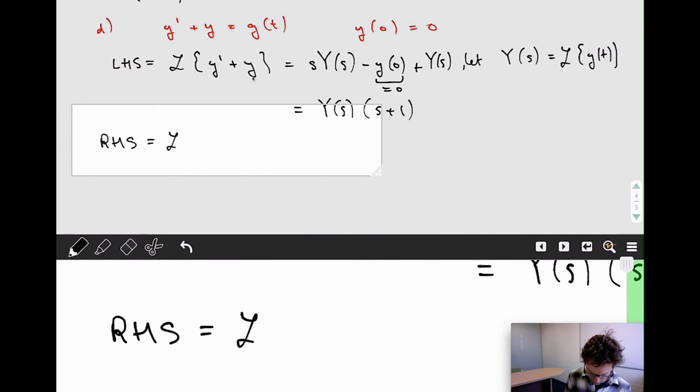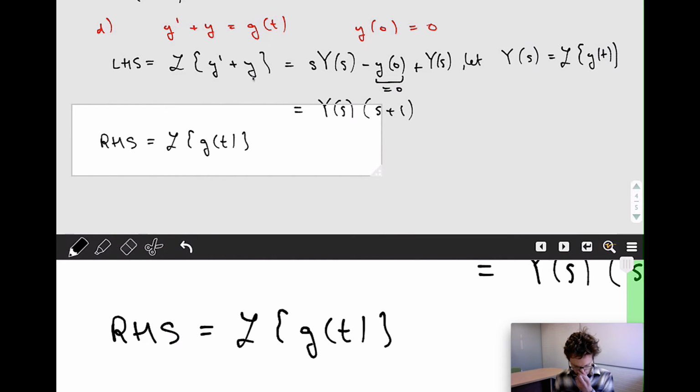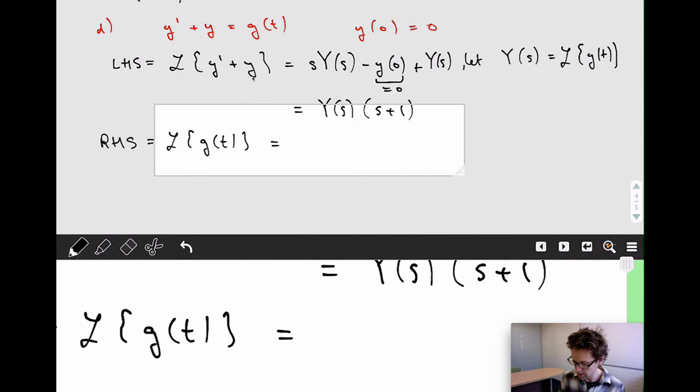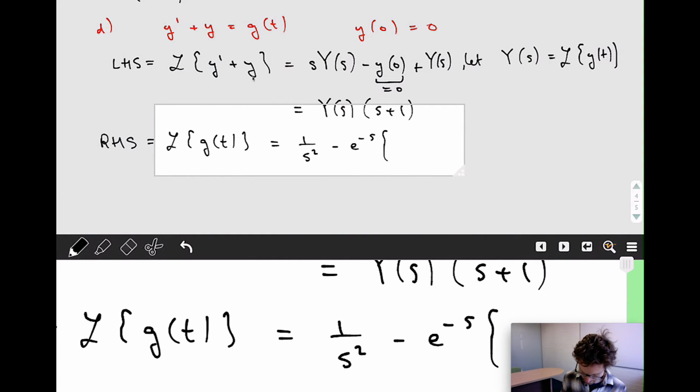Well, this is the Laplace transform of g of t, and we found that in part B of this problem. So we can just pull that right out. It's given by 1 over s squared minus e to the minus s, 1 over s squared plus 1 over s.